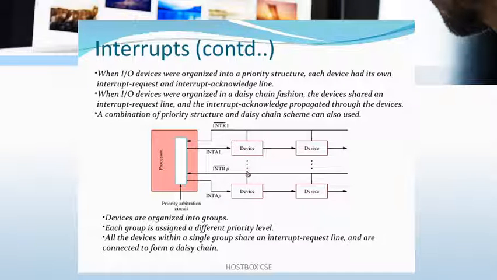For example, if device 3 has the priority, the CPU will communicate with device 3 and do its work. Whenever the remaining devices try to communicate with the CPU or processor, it is busy. So you can use two ways: disable interrupts and enable only one interrupt, or use the priority scheme. In the upcoming slides you can see more points elaborately.